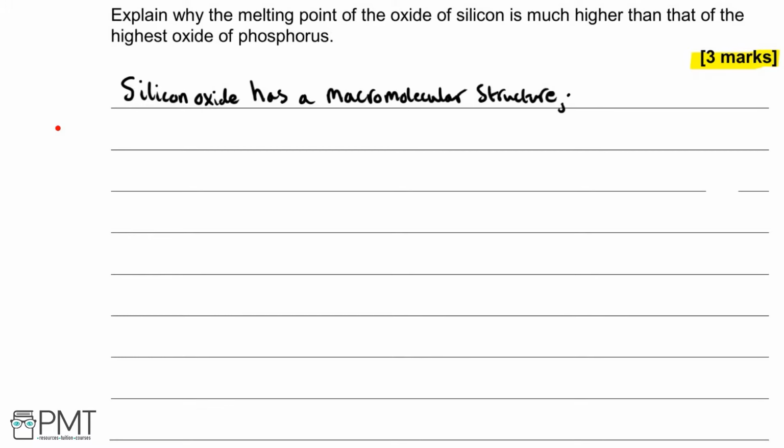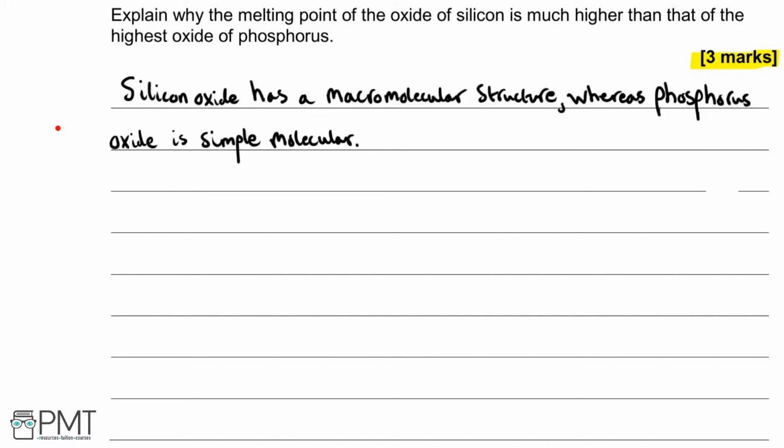However, our phosphorus oxide is not macromolecular. Phosphorus oxide, instead of being macromolecular, is simple molecular or simple covalent. Instead of being this one enormous structure, it is instead composed of several individual simple molecules.